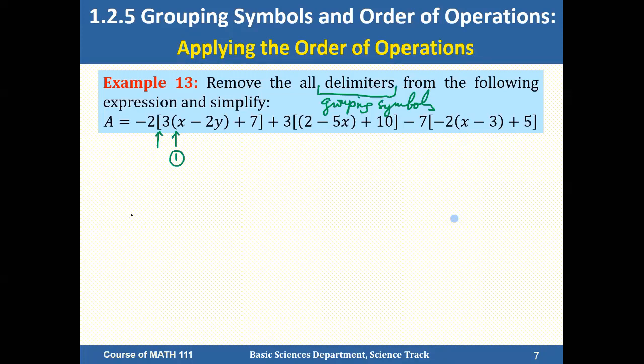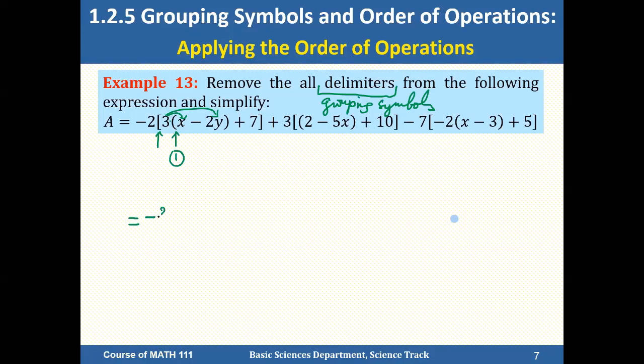What do we have in front of the parentheses when there is no symbol? It's multiplication. When we have multiplication in front of parentheses, what do we do? We multiply by everything inside. We distribute.